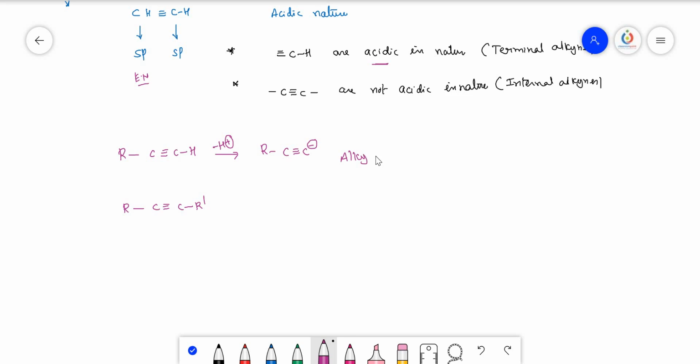It is called an alkynide. And in this case, this molecule is not able to release the H plus ion even though an sp hybridized carbon atom is there, because there is no hydrogen. That's why these molecules are not acidic in nature, and terminal alkynes are acidic in nature.